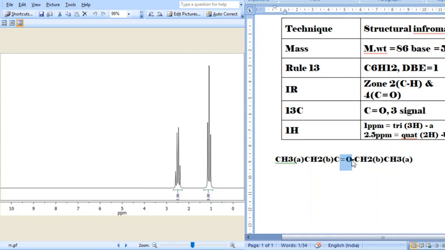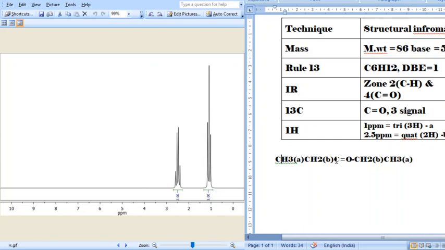How have I added this other part? We have only confirmed this part. That means if you calculate the molecular weight of this part, C3H5O, the fragment, it will be carbon 36, hydrogen 5, 41, and oxygen is 16, so 57.